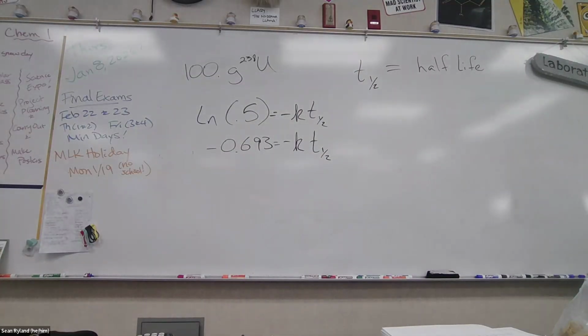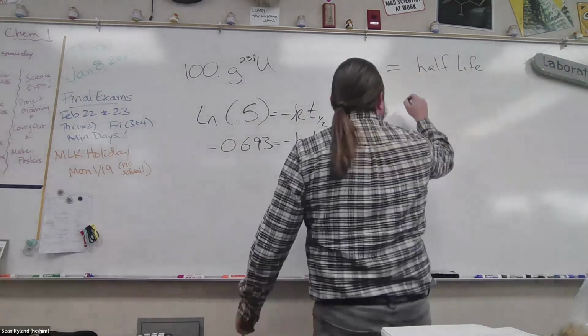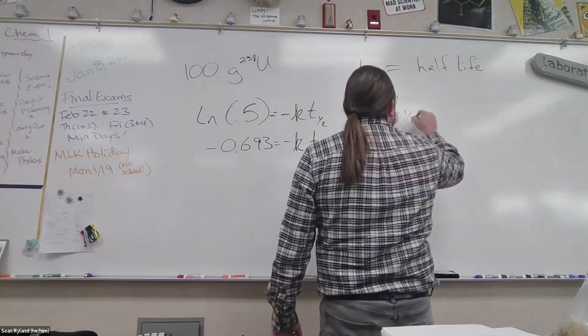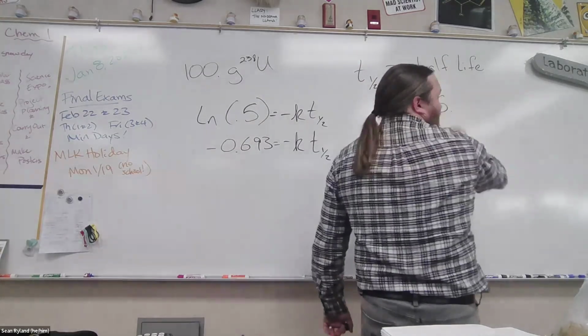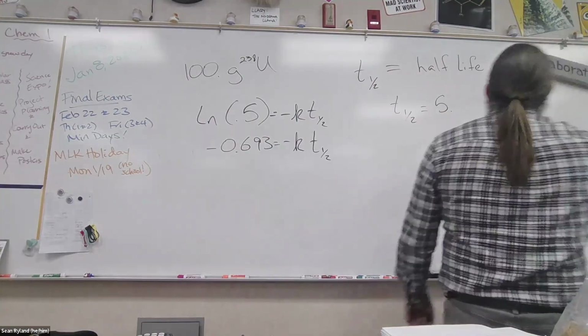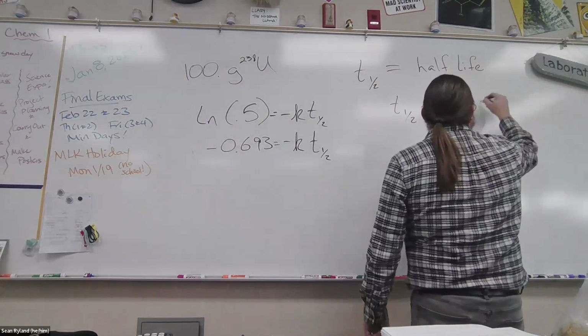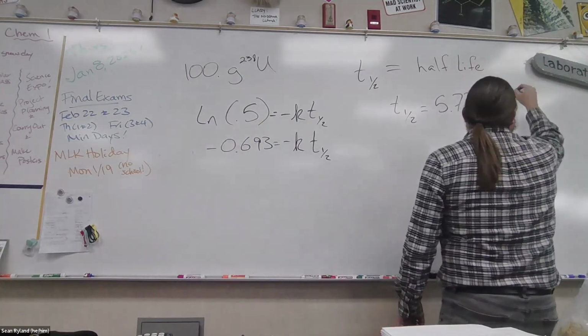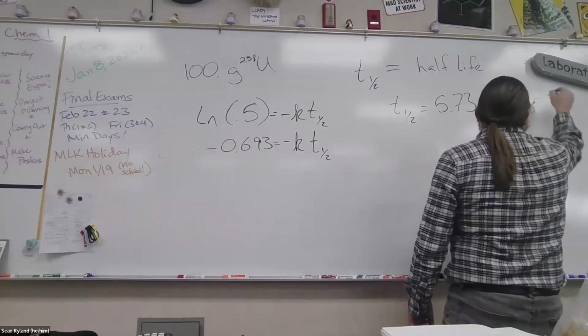What do we get for the rate constant? What do we get for K if we plug in the half-life for carbon-14? The half-life for carbon-14 is 5.73 times 10 to the 3 years.